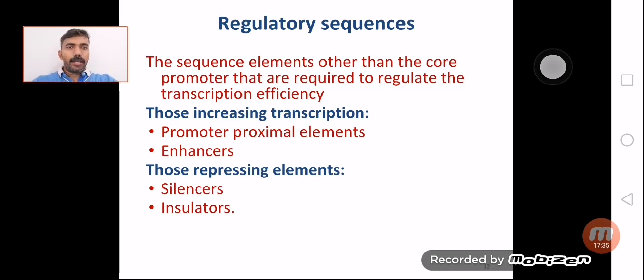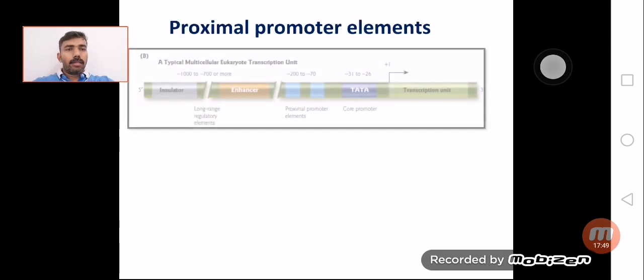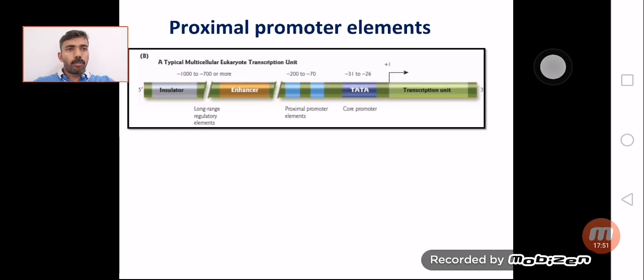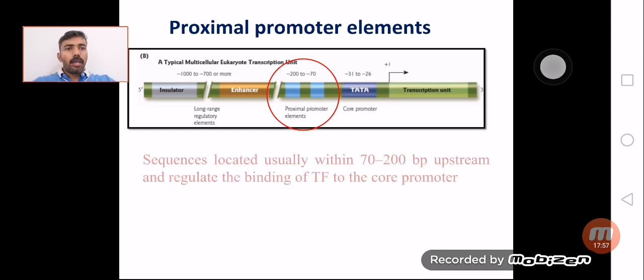We have certain examples of these two sets: the promoter proximal element and enhancers under the positive sequences, and silencers and insulators as the negative sequences. First we will see certain features of the proximal promoter element, usually located at around 70 to 200 base pairs upstream.